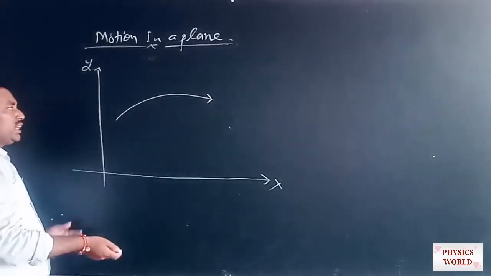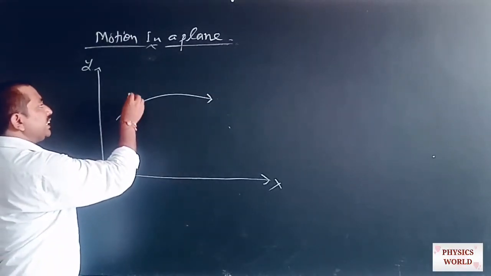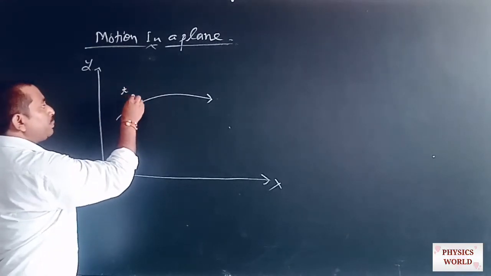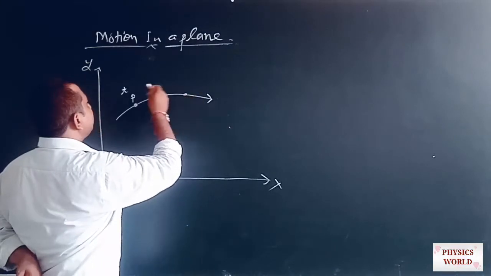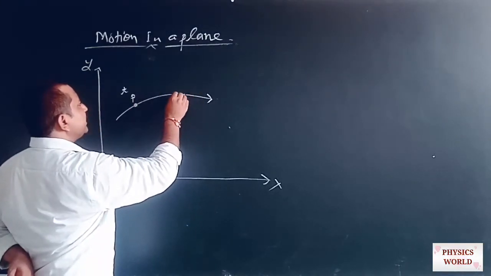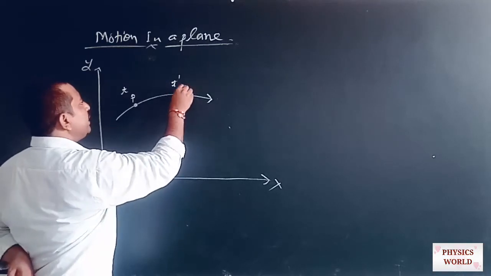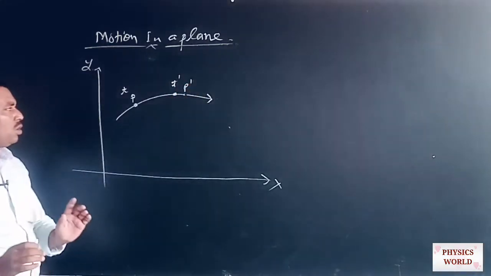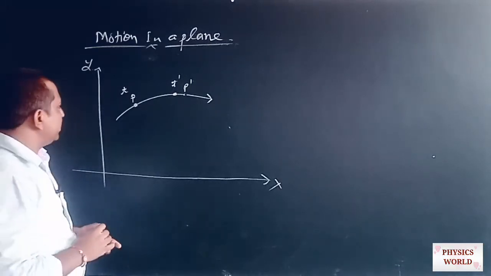Suppose the object is placed at point P at an instant of time t, and after some time, at time t dash, the object reaches another point P dash. So what will be the displacement created by that object?